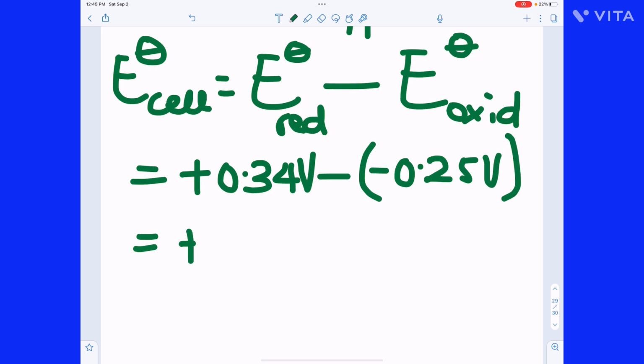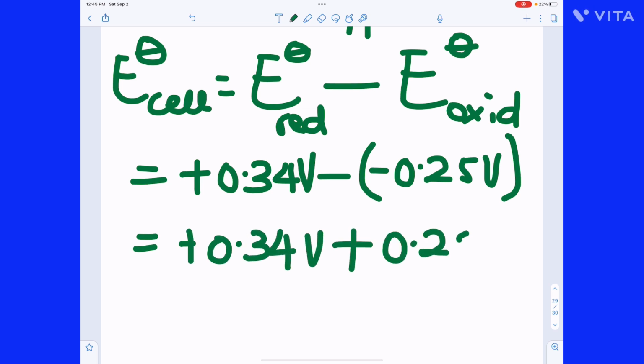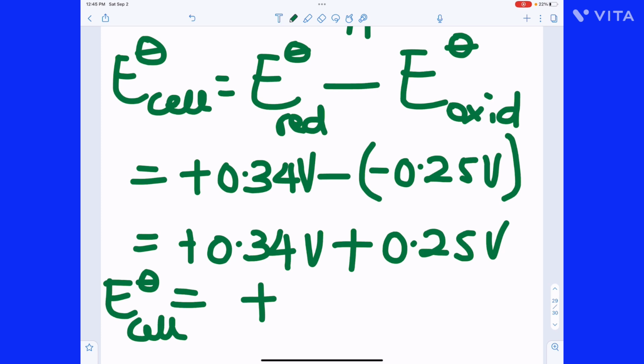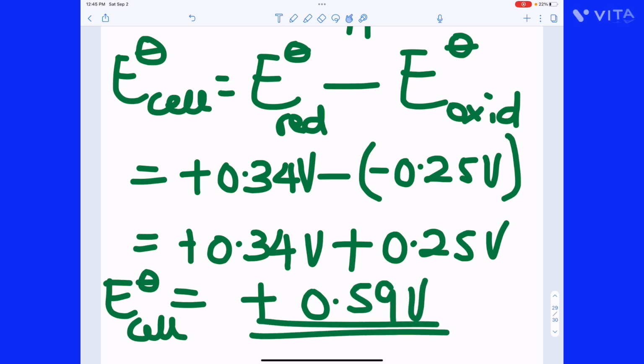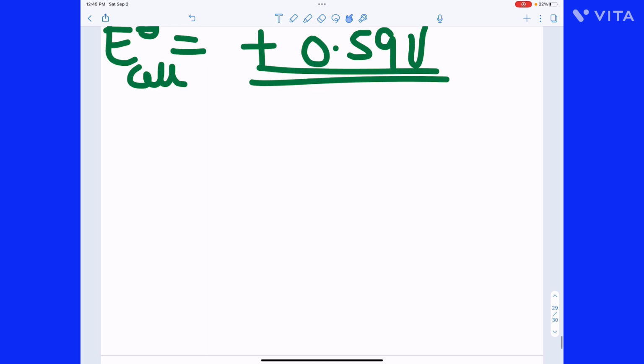That gives us plus 0.34 volts plus 0.25 volts. 0.34 plus 0.25. The standard EMF of the cell will be equal to what? Plus 0.59 volts. So with this, I hope you'll be able to get the rest yourself.